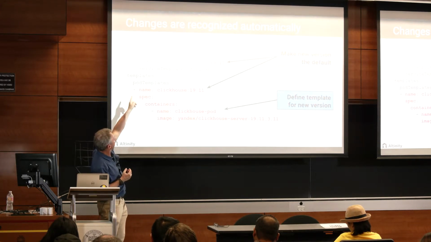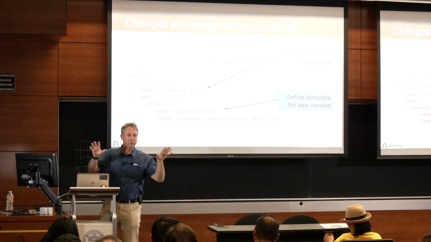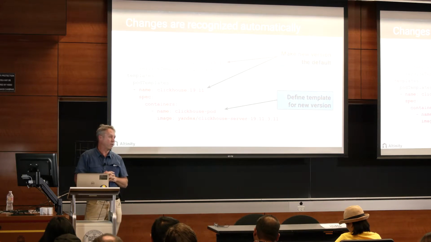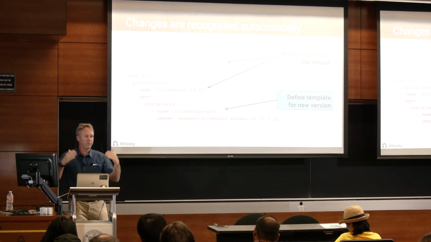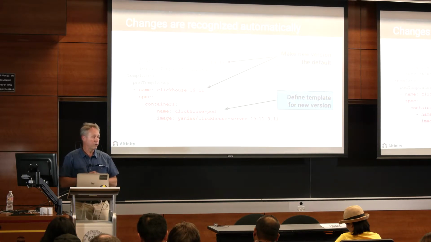I just go ahead and update the pod template, rerun this file, and Kubernetes will just go ahead and upgrade my cluster for me to a new version. So by making literally, in the example I'll show you in a second, 5-character changes, I can force an upgrade across an entire cluster and do it safely as well. So this is pretty powerful.